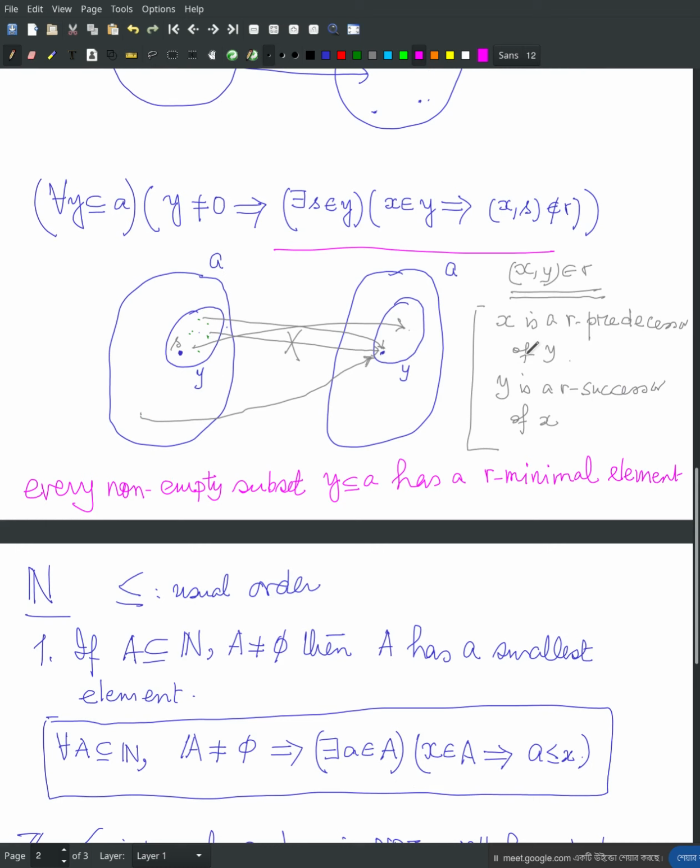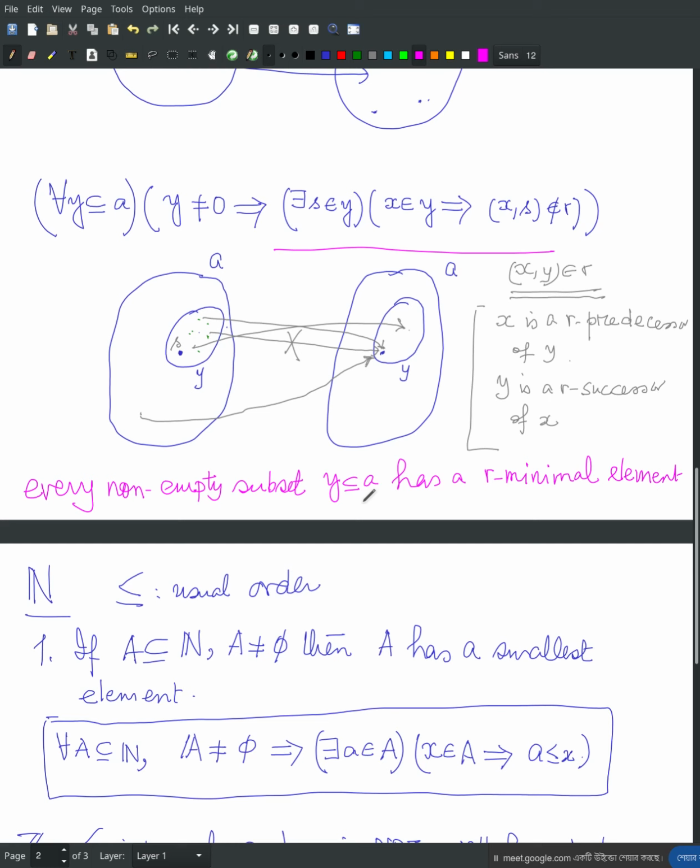There can be several minimal elements, but minimum is unique, right? And also maybe belonging to the subset as well. No, that I force. When I say that it has an R-minimal element, I'm saying that element belongs to that subset. So there is an R-minimal element, and that is inside that set. That's what I'm trying to say.